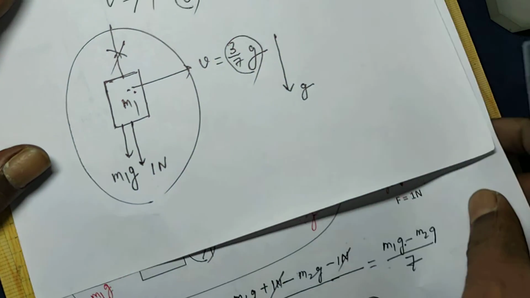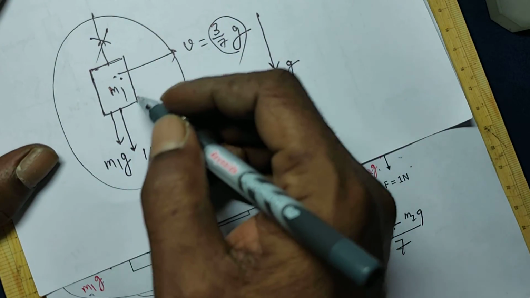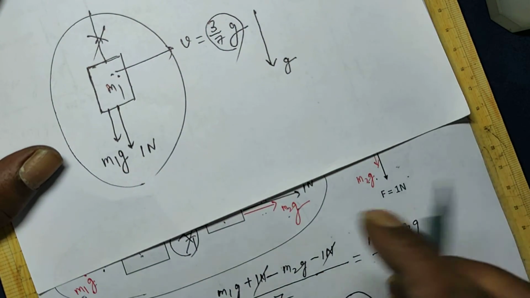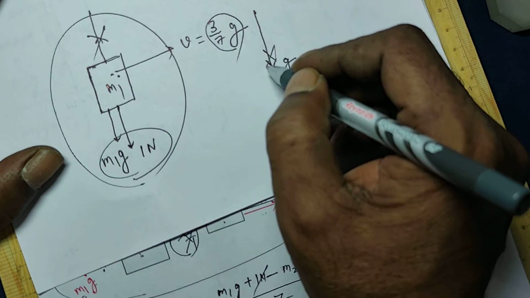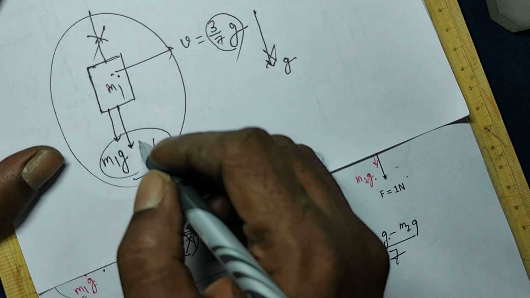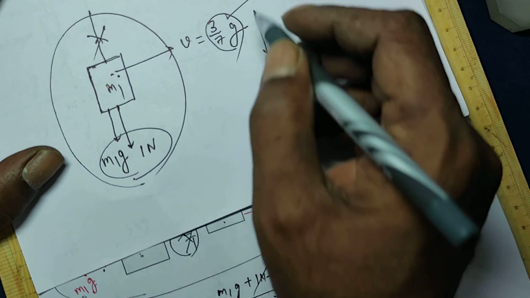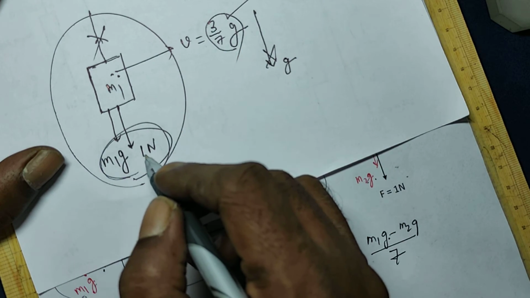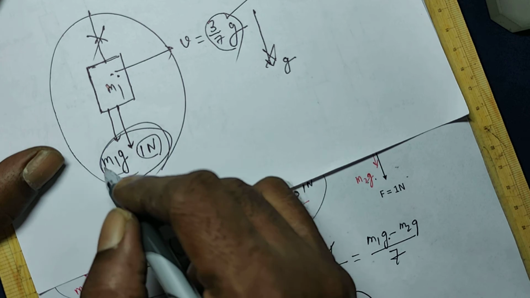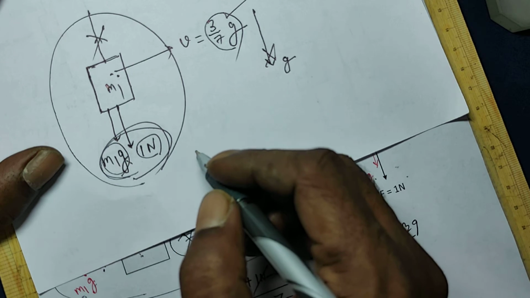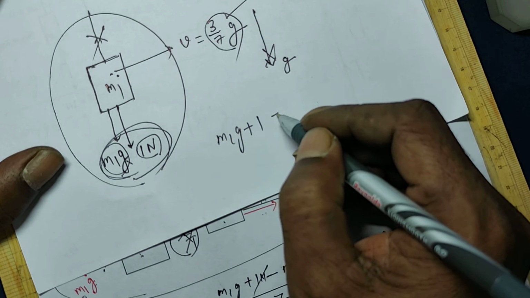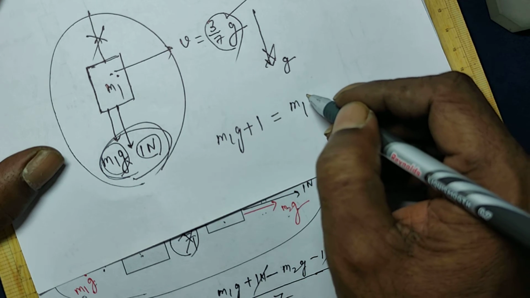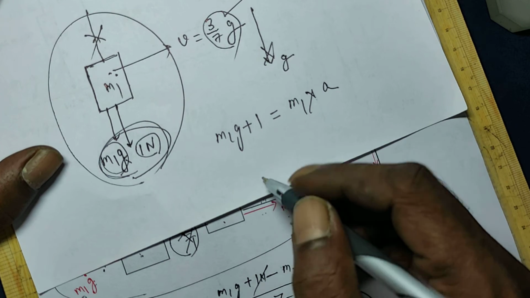Now you can say the force acting on it is this much. Sorry, I made a mistake here. Now the velocity is this much. This is the force, this still continues to act, and this is also acting. So the force on it is equal to m1g plus 1, that is equal to its mass times the present acceleration.